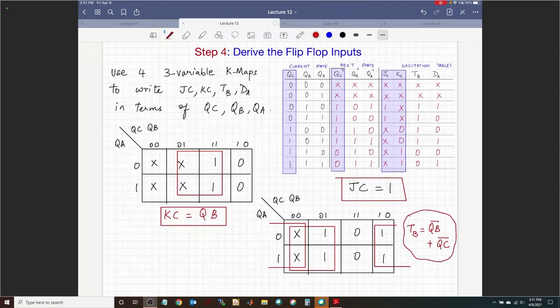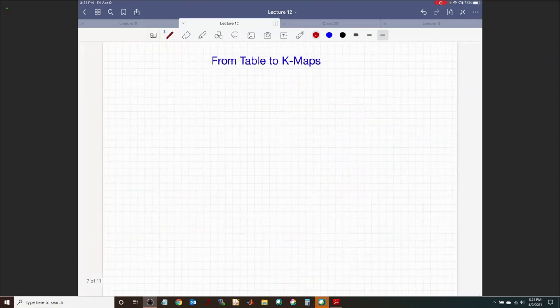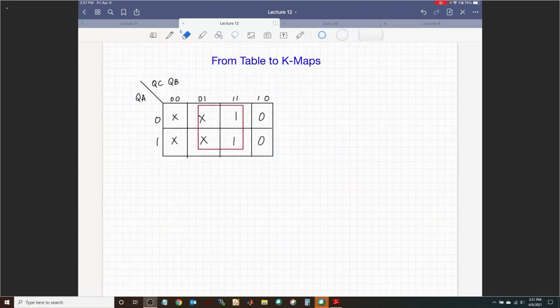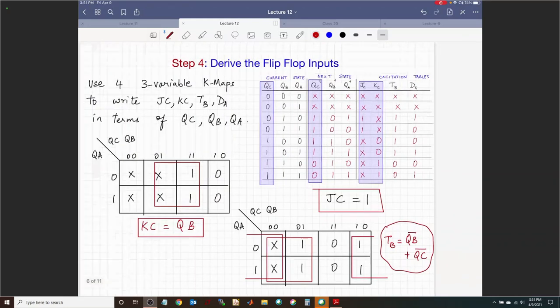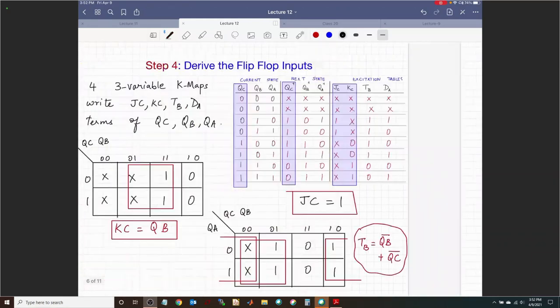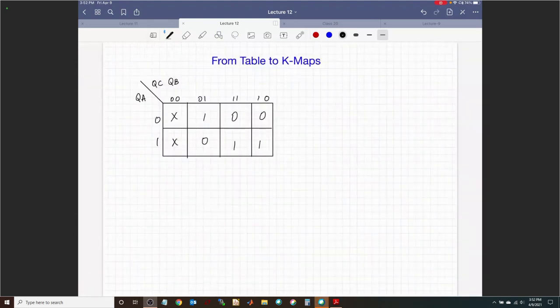Next, we are going to have DA. So let's paste it and ask, what is DA? X X 1 0, X X 1 0, 0 1 0 1. All right, a little bit more interesting here. And all of this is what you guys decided was going to happen.